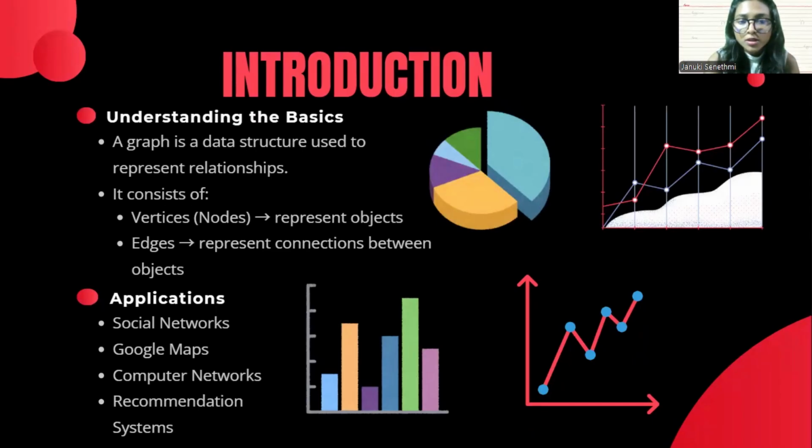For example, in a social network, people can be represented as vertices and friendships can be represented as edges. Graphs are widely used in many real-world applications, such as social networks, Google Maps, computer networks, and recommendation systems. Whenever we need to model relationships, graphs are usually involved.